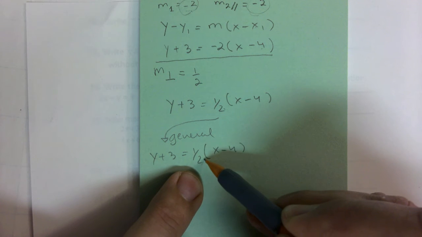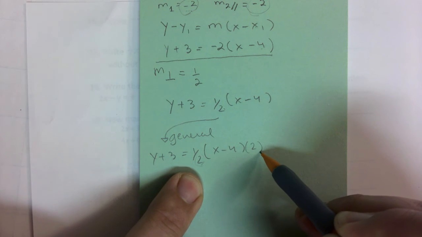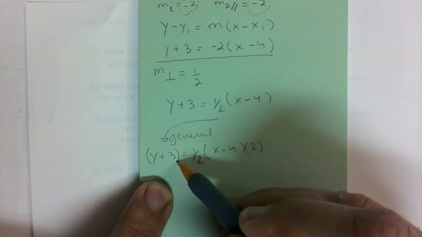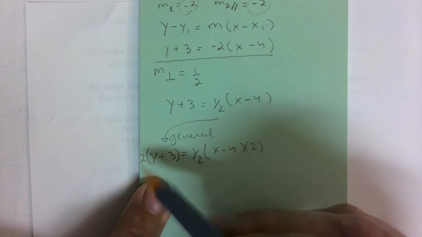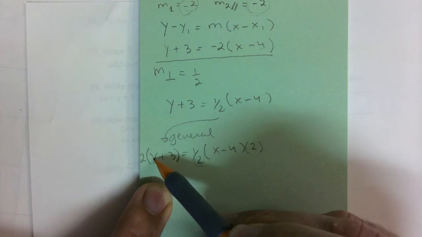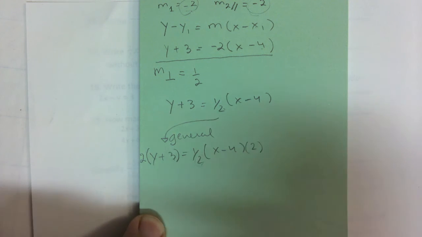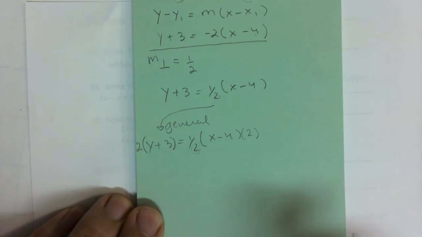You want to get rid of that denominator, so you go times 2 here. And watch this. On the other side, please put the brackets around this because you're multiplying both sides by 2. I too often see folks multiplying just by the first one and not by the second one, and then everything else is off, even though the work was pretty good.